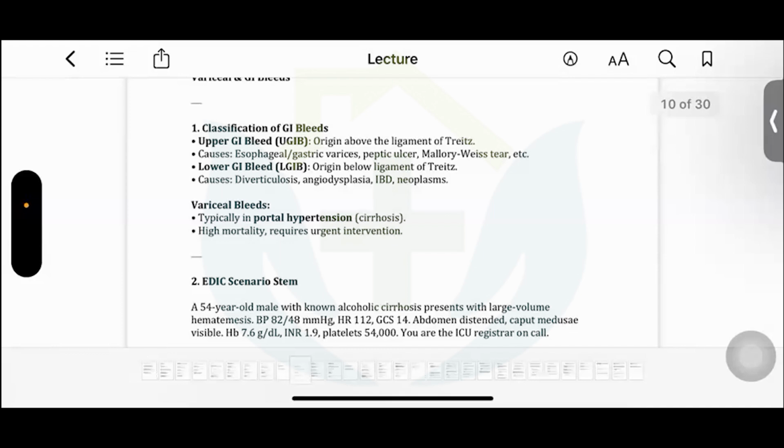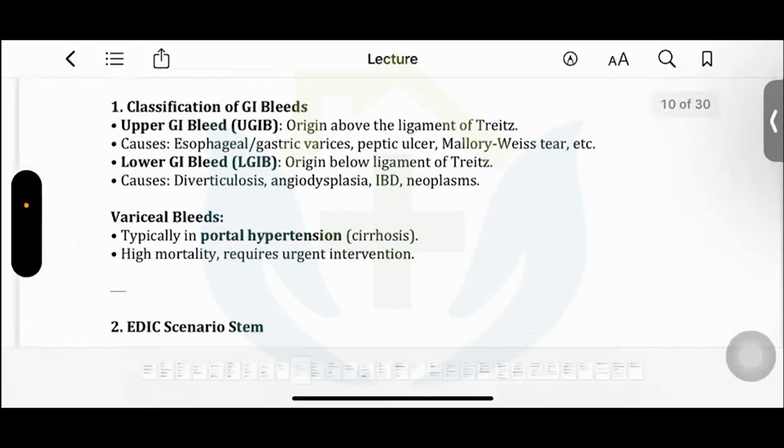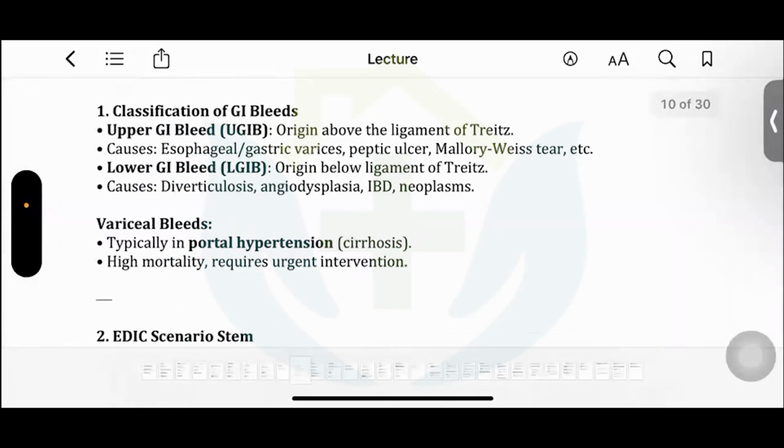But the variceal bleed is a very, very important EDIC topic. Same way, Mallory Weiss tear is very, very important. Then comes the lower GI bleed, in which diverticulosis, diverticulitis, angiodysplasia are important. As far as IBD, ulcerative colitis, Crohn's disease, they are not as important topics for intensive care.